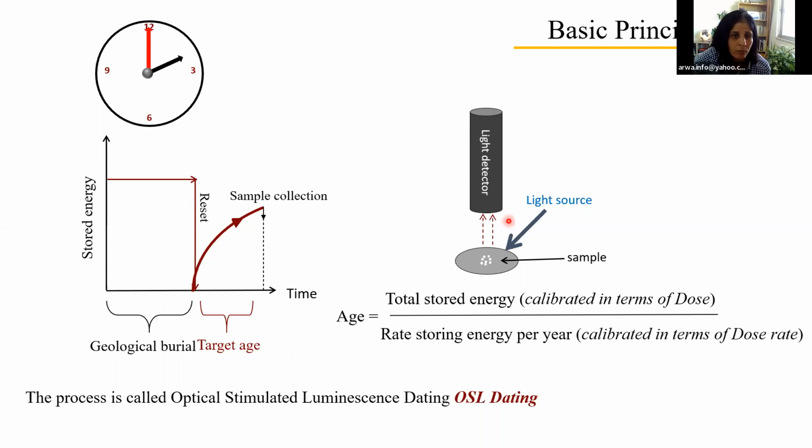We detect this luminescence signal, and by knowing the amount of energy stored in these grains and the rate of irradiation in the past, we can calculate the age. And this is what is known as OSL dating.